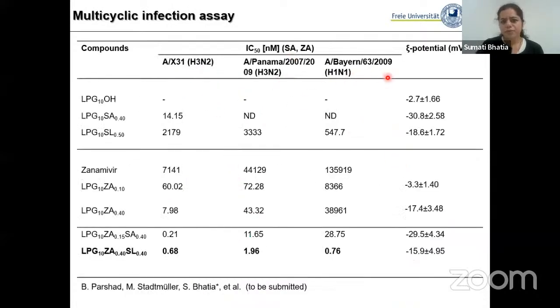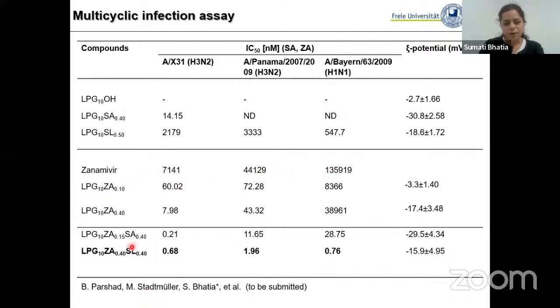So these are 3 different strains, and for example, this H1N1 09 is the pandemic strain in 2009, which caused a worldwide pandemic in 2009. And you see these different polymer scaffolds, and zanamivir is the commercially available drug. And you see the IC50 values of zanamivir, which are quite high, like 7 micromolar, 44 micromolar, 135 micromolar.